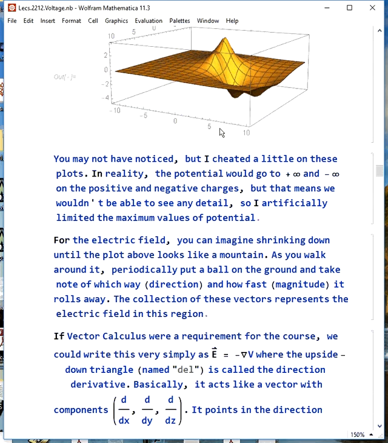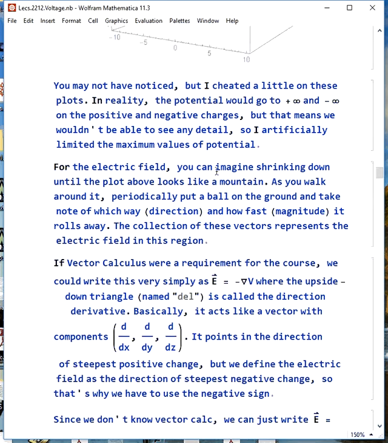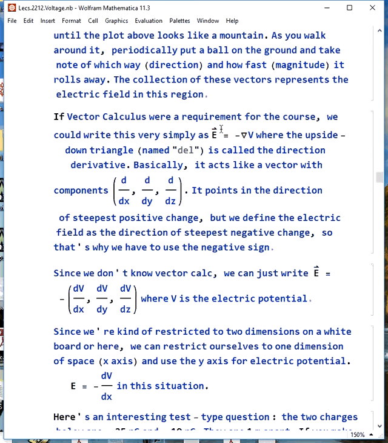The collection of arrows that you develop would be the electric field. Now, if we required vector calculus for the course, it'd be very simple to write this as E is negative del V. This upside down triangle is called del, and what it means is it's a directional derivative. We treat it like a vector that has components d/dx, d/dy, and d/dz. The idea is it points in the direction of steepest positive change. Now, because we've defined the electric field as a direction of steepest negative change, we have to use this negative sign.